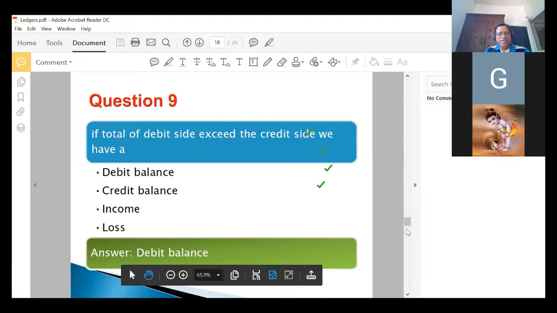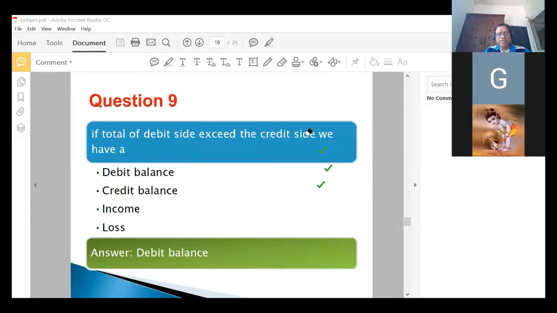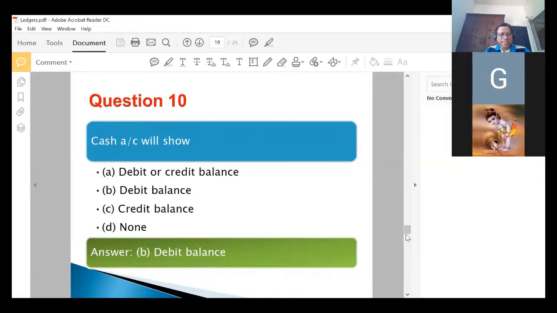If the total of the debit side exceeds the credit side, we have a debit balance. If debit is more than credit, we have a debit balance. If credit is more than debit, we have a credit balance. Cash account will always show a debit balance.